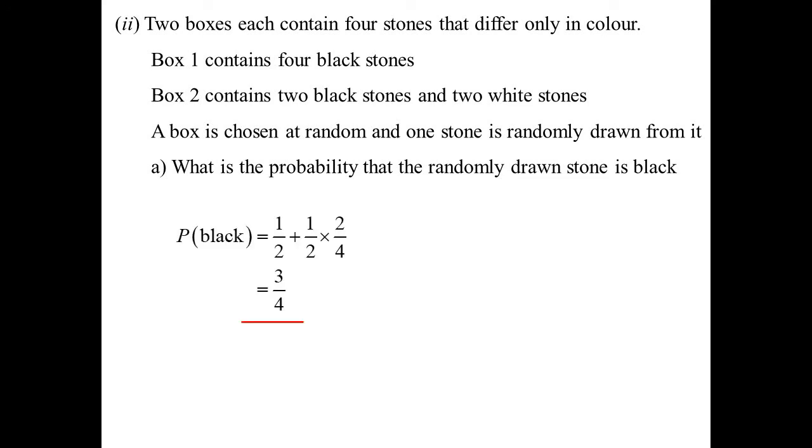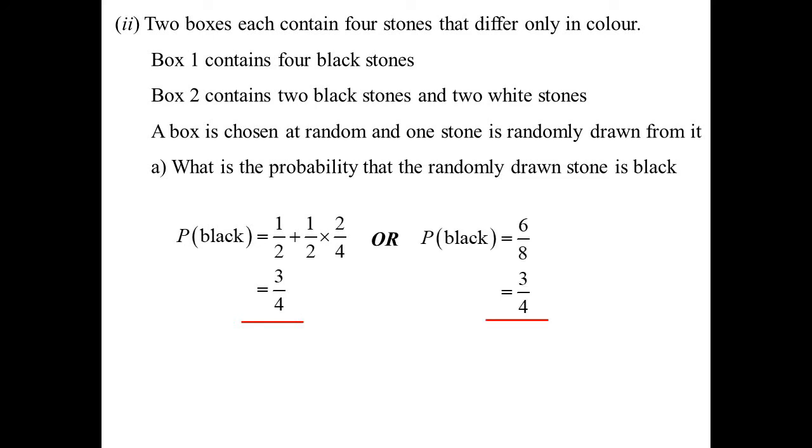We could have picked box 1. There was a 1 in 2 chance of picking box 1, but then it must be a black stone because it only had black ones. So a half times 1, or a half. Or, so we add, there's a half probability of picking box 2, but if we pick box 2, there's a 2 in 4 chance of picking out black. 3/4 would be our probability of getting a black stone.